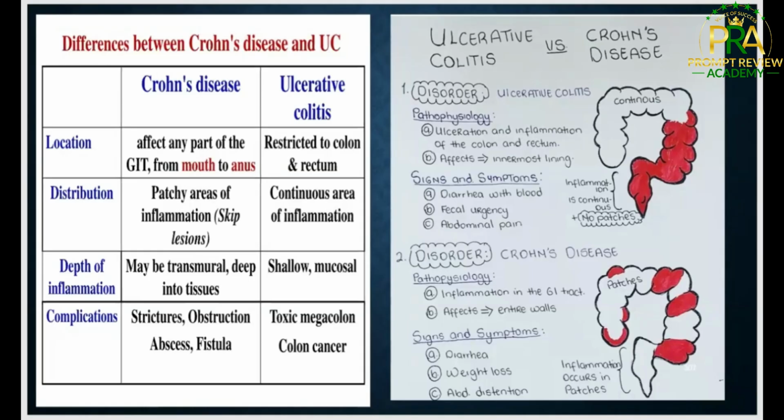Another thing: if they tell you the distribution is patchy inflammation, like skip lesions, that will be Crohn's disease. But if it is continuous inflammation, then it is ulcerative colitis.